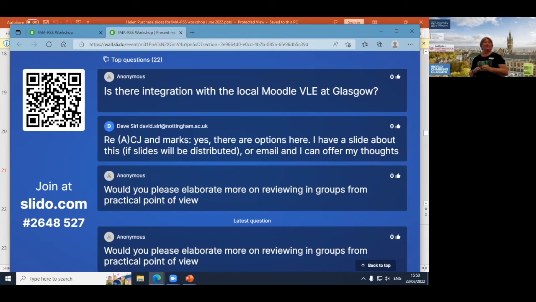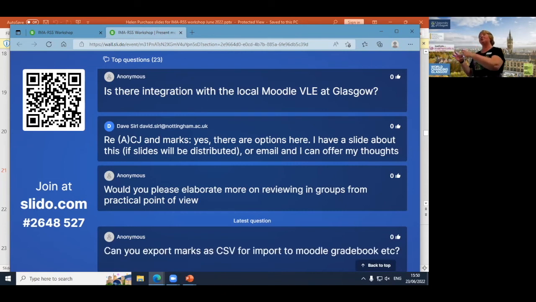And we have another one. Would you elaborate a bit more on reviewing in groups from a practical point of view? Okay. So we don't get reviewing in groups very often, but we do get it sometimes. This is where either an individual or a group has submitted a piece of work, and the students are in a group and they're asked to do a joint review.